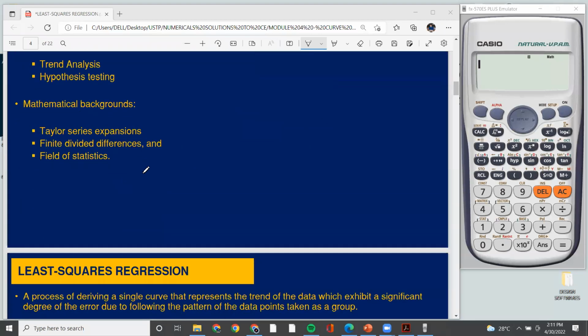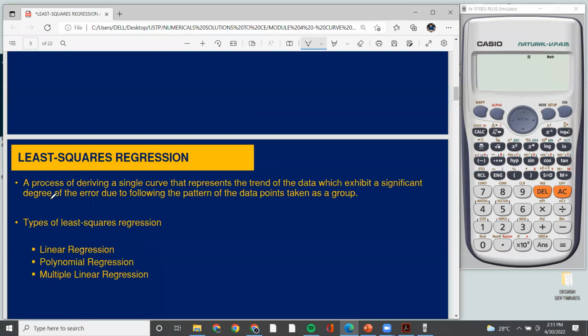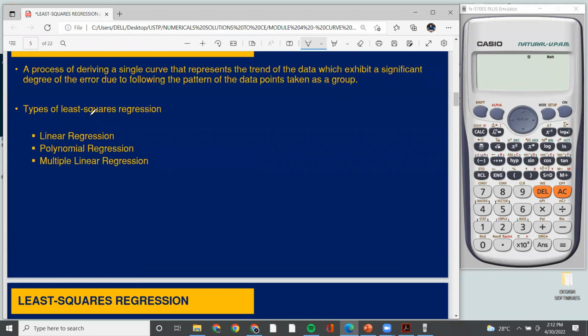And for the mathematical background: Taylor series expansion, the finite divided difference, and the field of statistics. Okay, so least squares regression is a process of deriving a single curve that represents the trend of the data which exhibit a significant degree of error, following the pattern of the data points taken as a group.